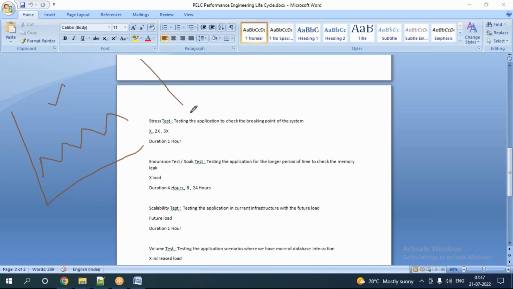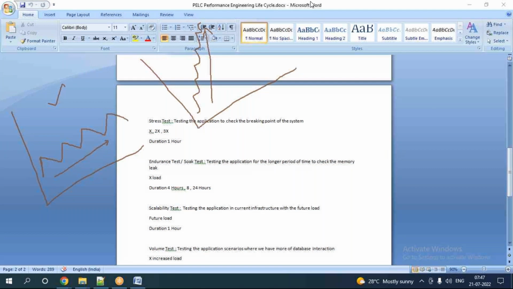If the memory graph is going up exponentially, they say there is a memory leak, because the accumulation is happening but the releasing of the memory is not properly happening. But in this case, accumulation and releasing are happening properly, and because of that they say it is good memory management.